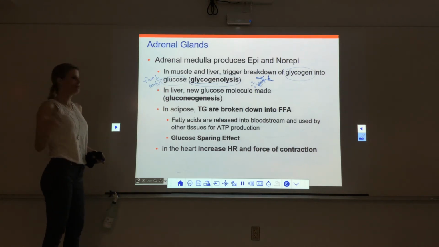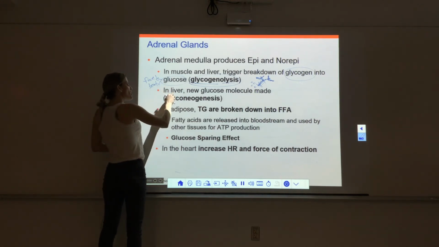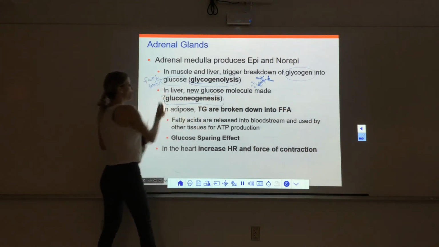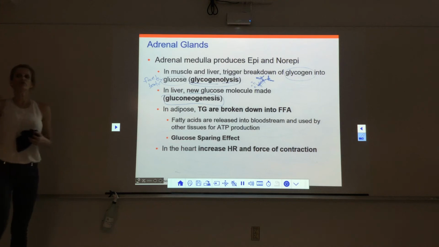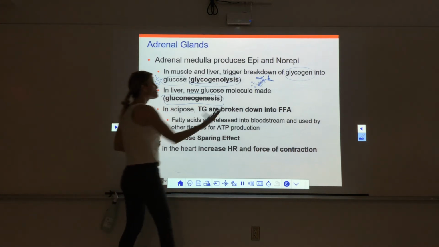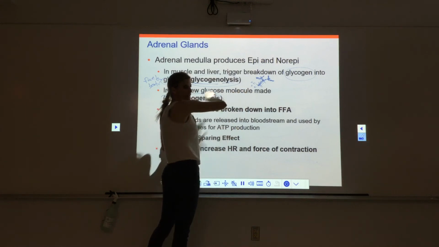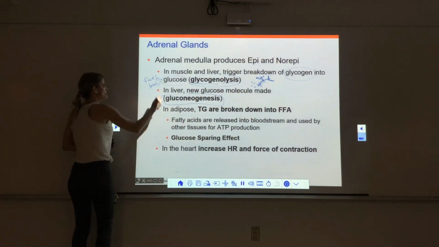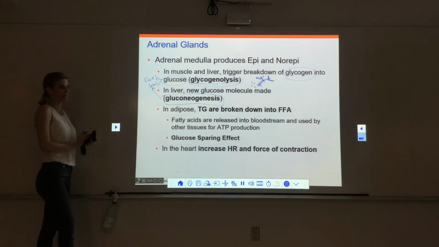We need fuel. In the liver, we also make new glucose. Remember we said that that was called gluconeogenesis, right? The making of new glucose. So we free up all the glucose that we stored, we take it out of the bank, and then we start making new glucose. Again, that glucose fuels the body.